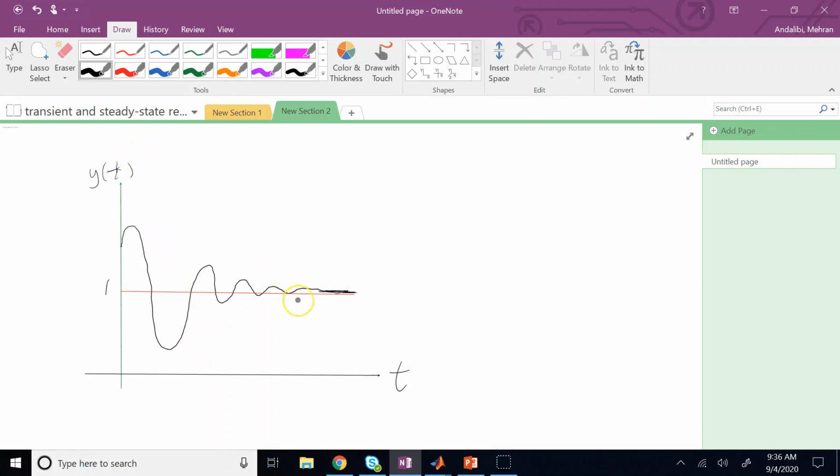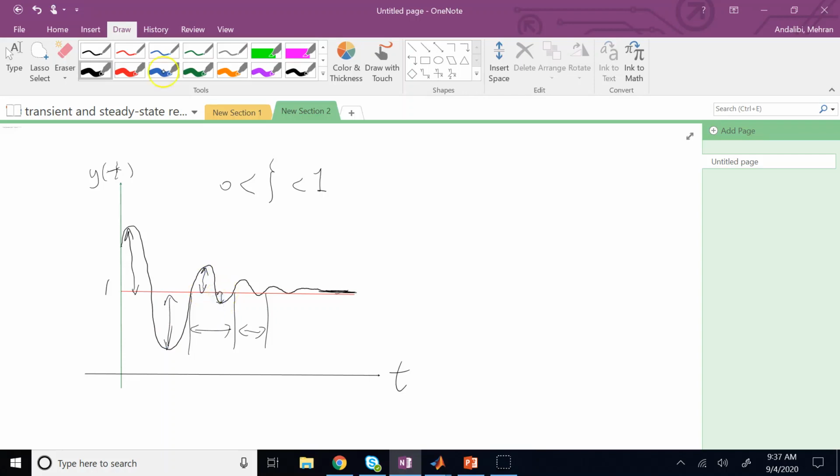We call this the underdamped response. Zeta is between 0 and 1. Again, the frequency is the same, so the period from here to here is the same as from here to here, and so on. The periods are not changing, but the amplitudes are: this one is more than this one, which is more than this one, and so on.